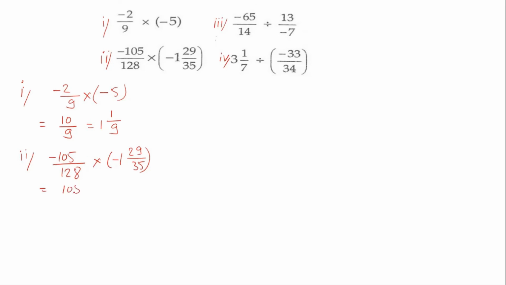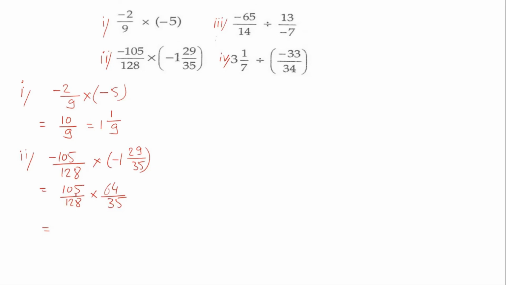So we can write 105 by 128 into, if we convert this mixed fraction into improper fraction, it will be 64 by 35.